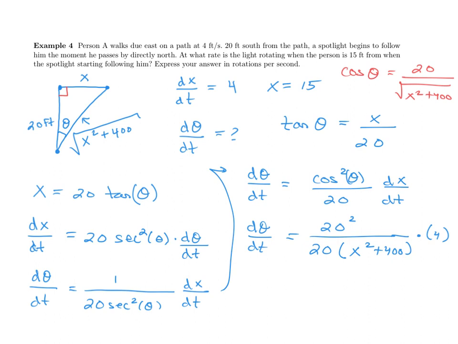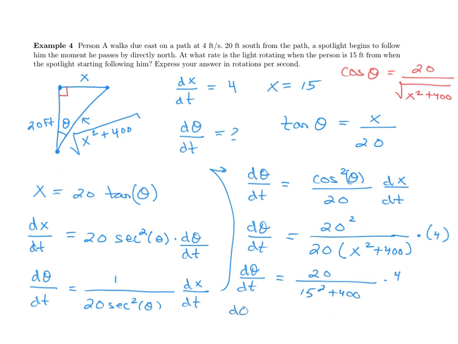And, okay, great. Over here, I can take this 20 and cancel it with 1 in the numerator. So I get dθ/dt is equal to 20 divided by, I have to know x, but we're told x is 15, so I'll put 15 squared here. This is 15 squared plus 400, and this is multiplied by 4.